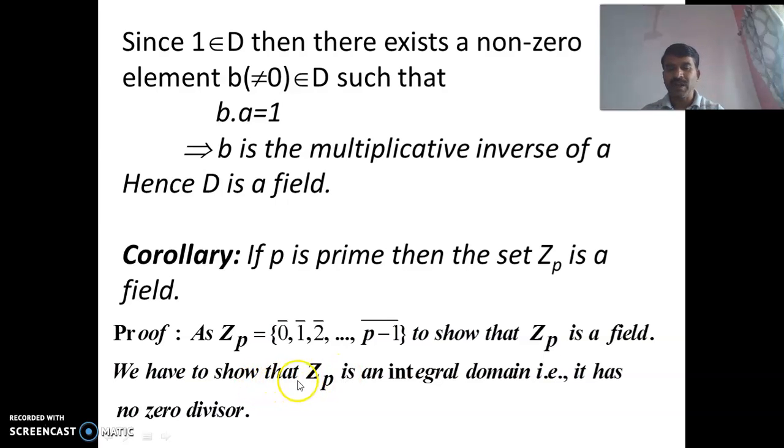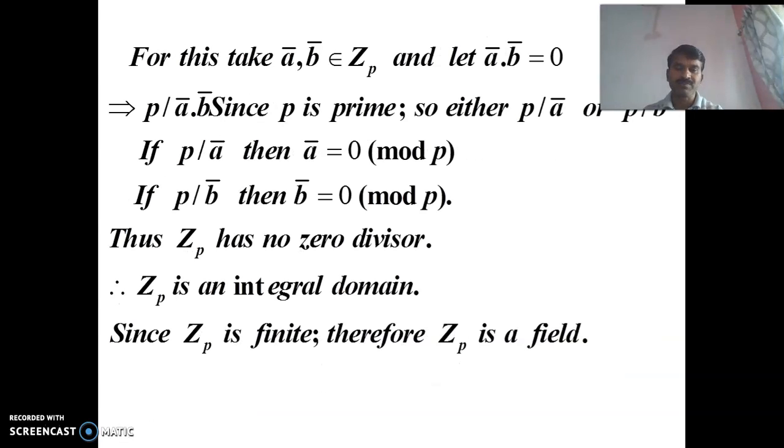That is, we have to show that Zp is an integral domain, that is, it has no zero divisors. For this, we take a complement and b complement, which are members of Zp, and let a complement dot b complement be 0.